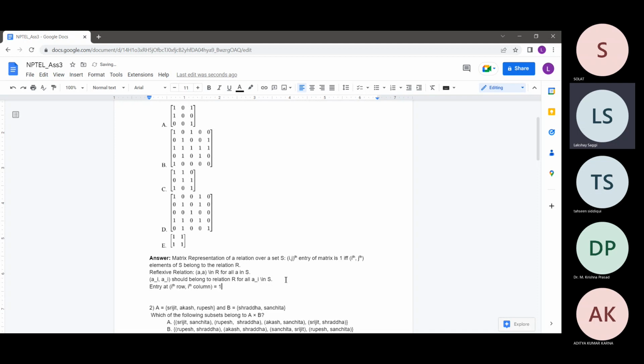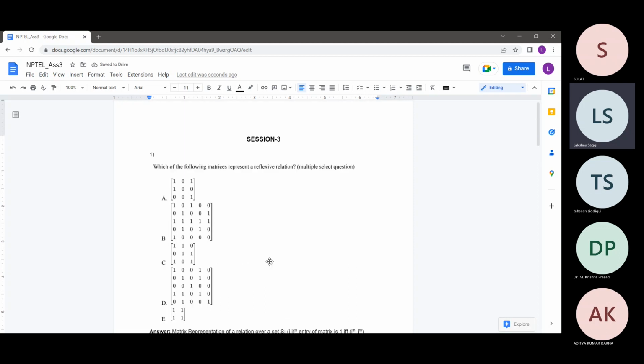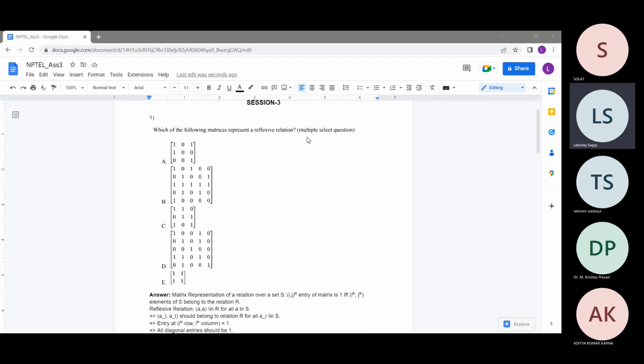Like all of these statements are the same thing. Right, guys? So this just means that all diagonal entries should be 1. Only then we can say that the relation is reflexive, right?